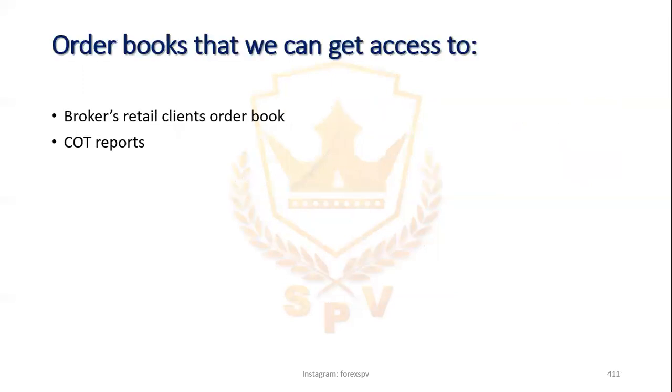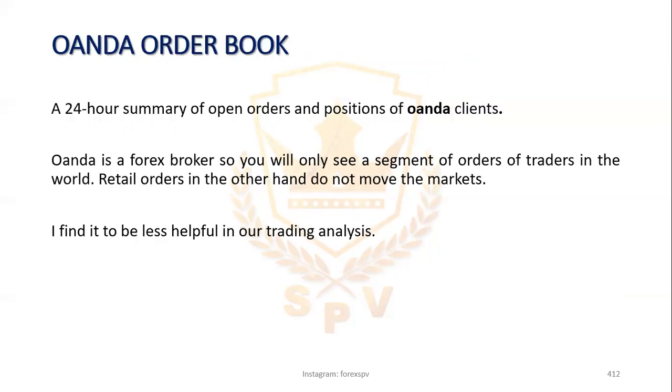So the order books that we can get access to are the broker's retail clients order book, and we also have the COT data, the Commitment of Traders report. So on the broker's retail order books, I've taken an example of the Oanda order book, which is a 24-hour summary of open orders and positions of Oanda clients.